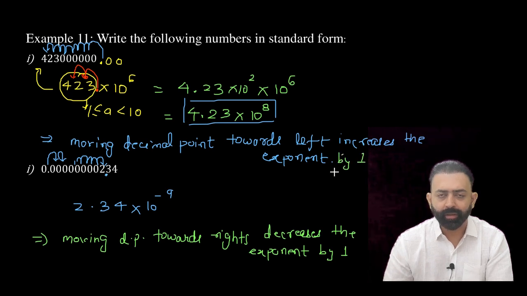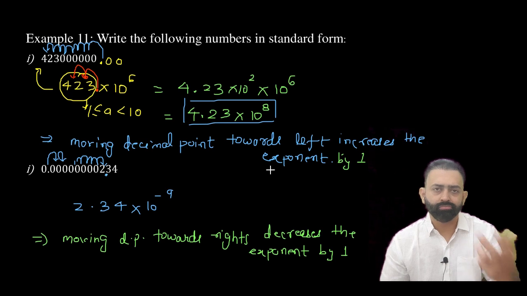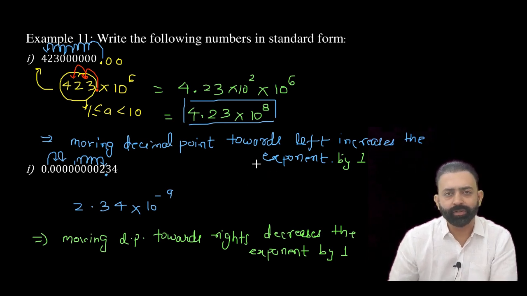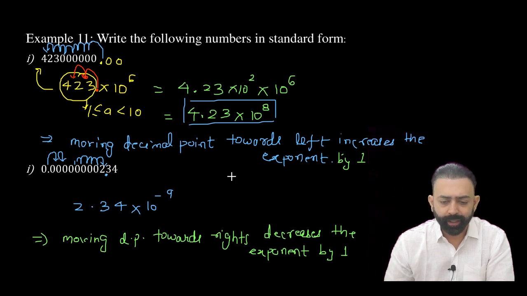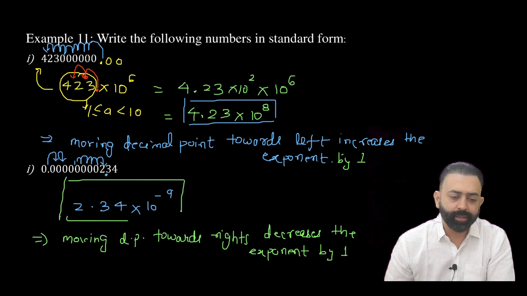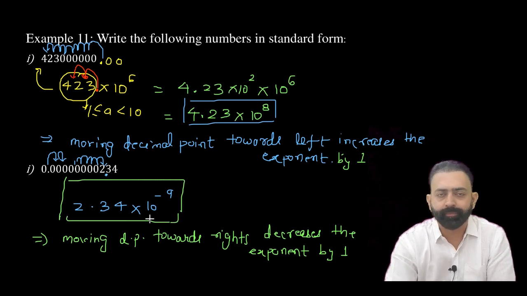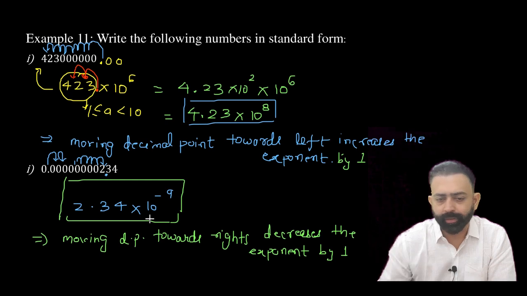By 1 means 1 place, so one number will be increased or decreased respectively. Fine. So the answer will be 2.34 into 10 raised to power minus 9.